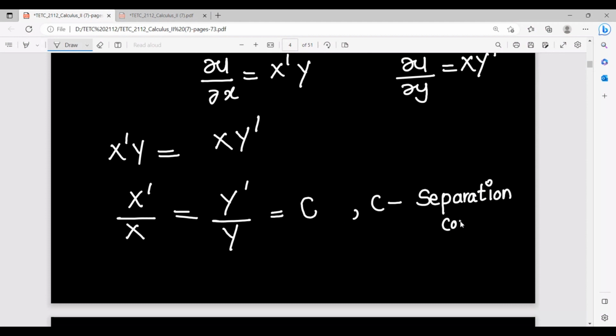I hope you can remember this word is in the problem as well, separation constant.